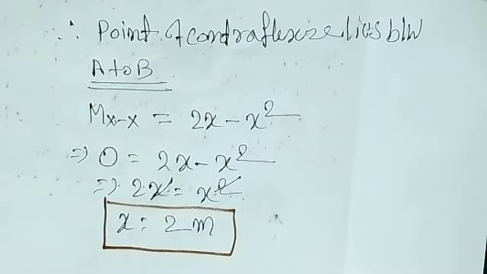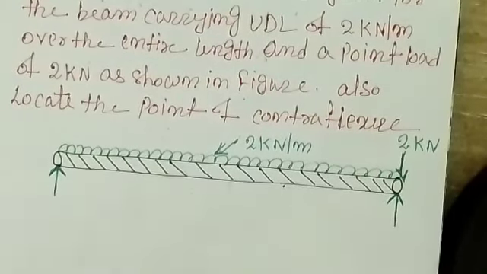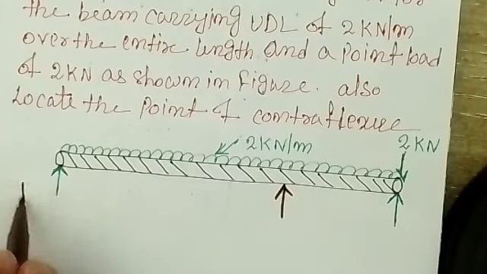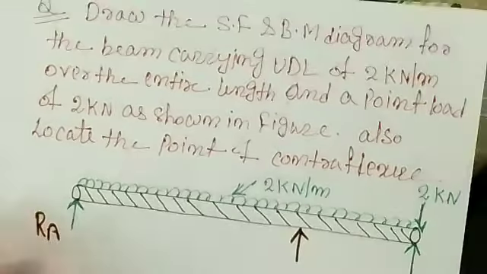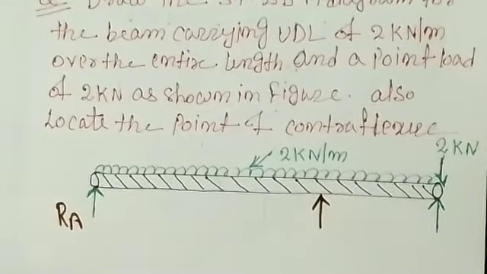So here, wait, just hold on for a second. Where is the question? Yes, sorry. So this is the question you have, right? So here you have a reaction RB. This is RA. I'll show you properly.